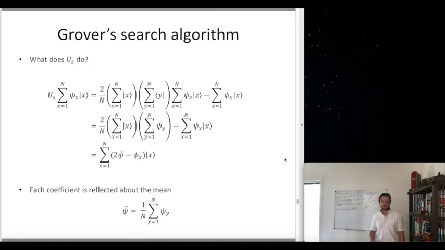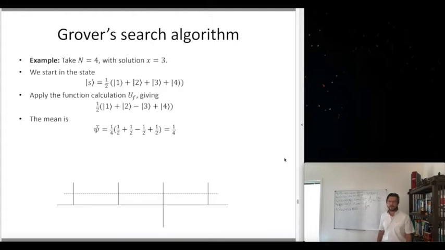And I think it's always good to look at it graphically. So I have my graphics here. So let's take the example where n equals 4. So we have 4 different inputs and the solution x is 3. So 3 is the database entry that we want to find. And we will start in the state of S. So this is the starting state.